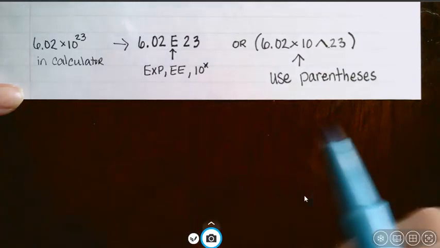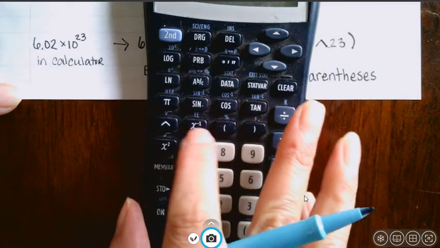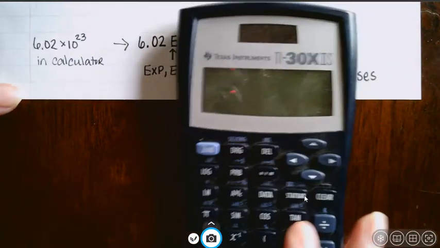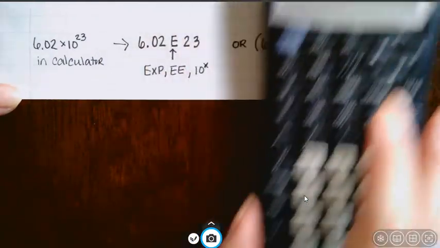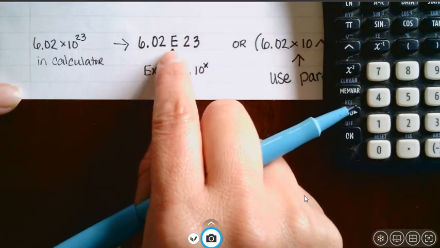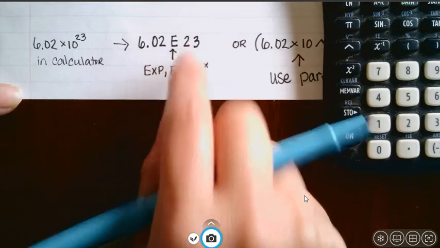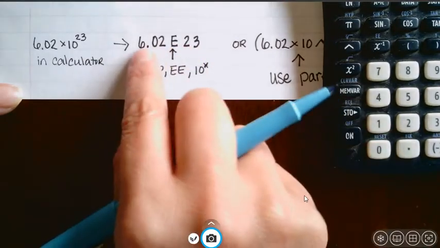So what we want to do is use the E. This is my calculator. This is a pretty common one. We would put 6.02 E 23. There are no superscripts here. It's just all in one flat line.